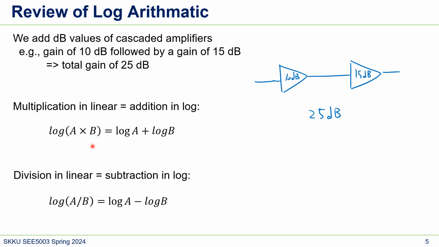because in linear, multiplication becomes addition in log. If you do this, this would be V1, and this is A1 V1, and then A2 A1 V1.